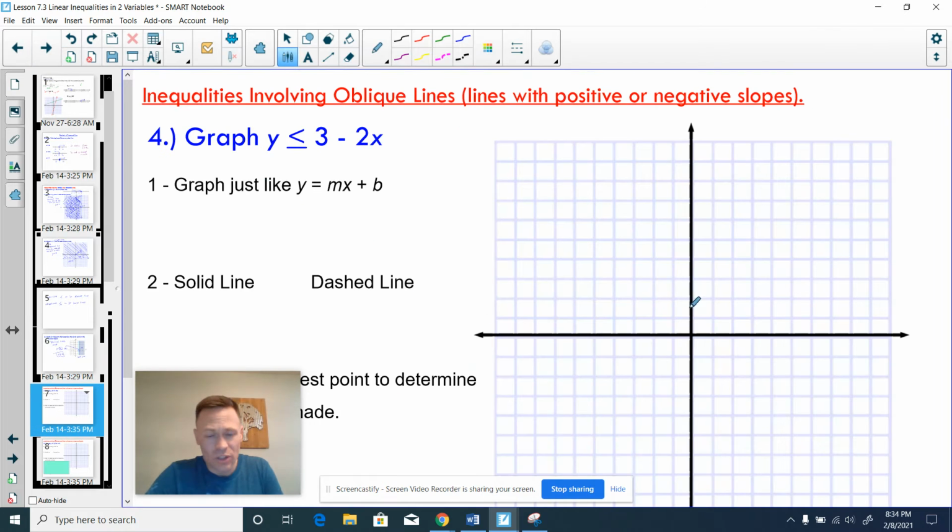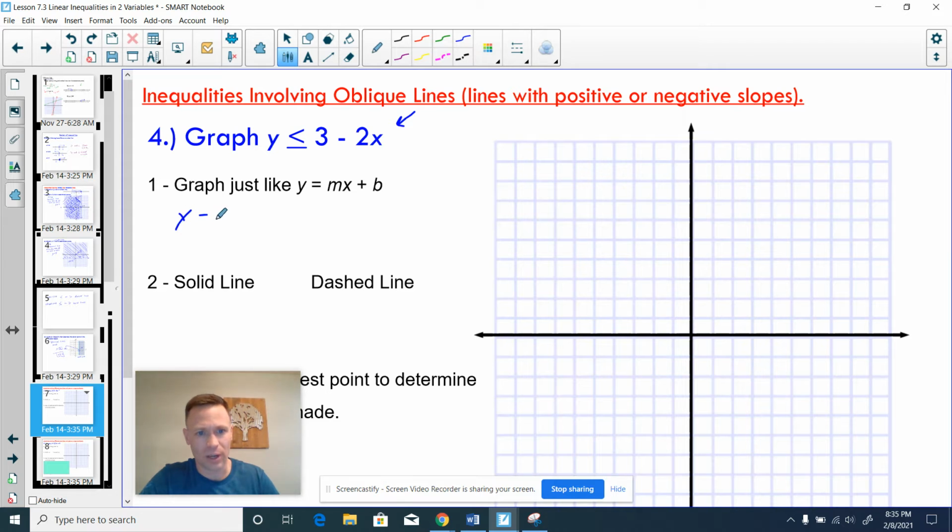Okay. So now I think we're ready to put this all together. In the end, our goal here is to be able to look at this and graph it with ease. Like I said, you already knew 90% of what you need to know in order to do this stuff. So first step in doing this is graphing just like y equals mx plus b, which means we still have the y-intercept, we still have the slope.